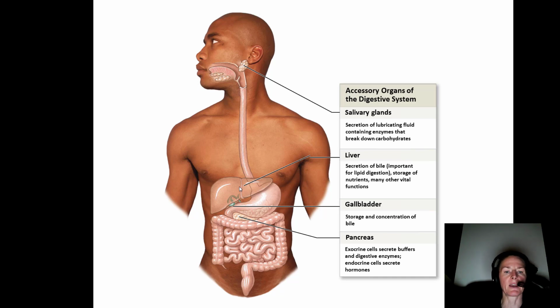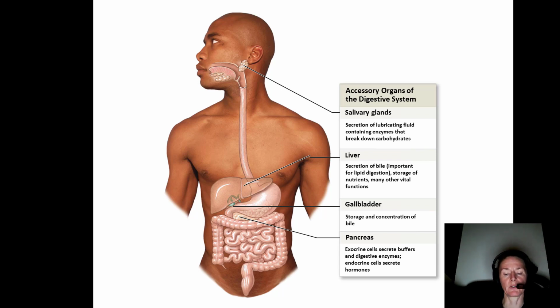It's going to store any excess. It's going to release perhaps stores of things that we don't have enough of in our diet or we're not getting enough of right now. Say we get low on glucose, so the liver can release some glucose. We're going to sort stuff coming in from the small intestines, store it, and release what is needed into the blood supply, with the exception of lipids.